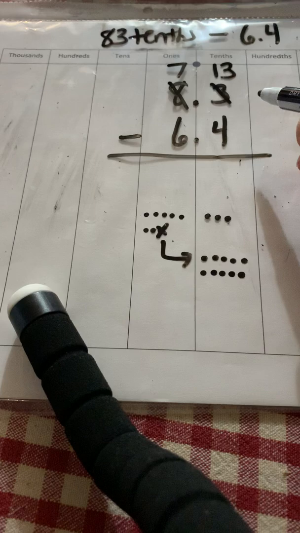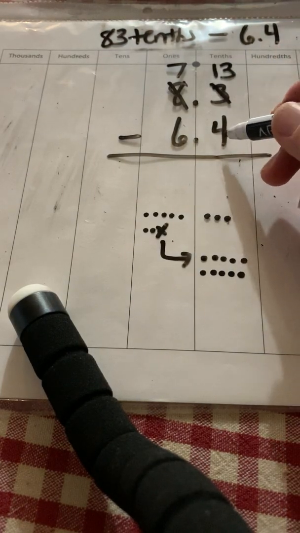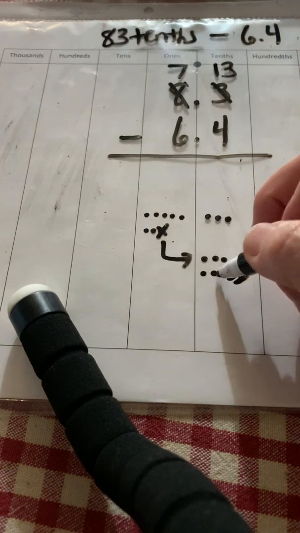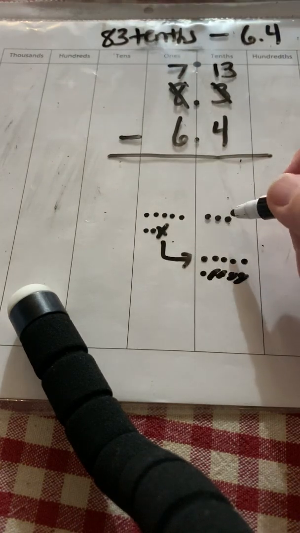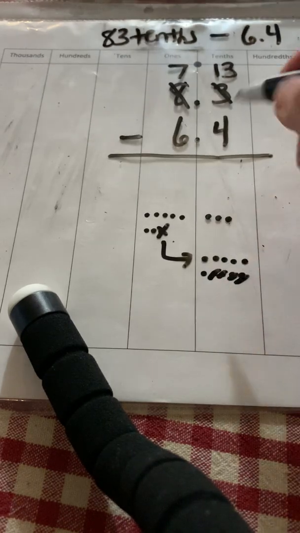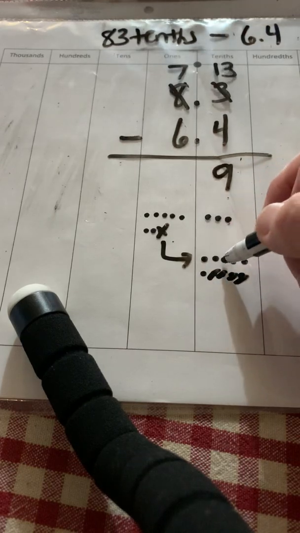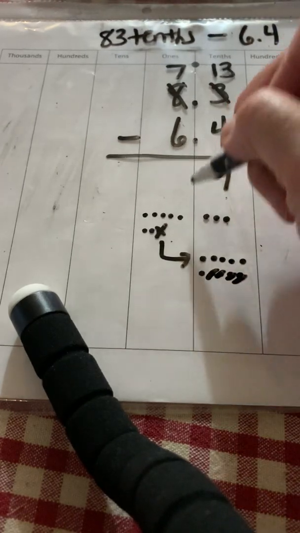Now I can subtract. 13 tenths take away 4 tenths. 1, 2, 3, 4. That will leave me with 3 plus 6, which is 9 tenths. 1, 2, 3, 4, 5, 6, 7, 8, 9 tenths are left.